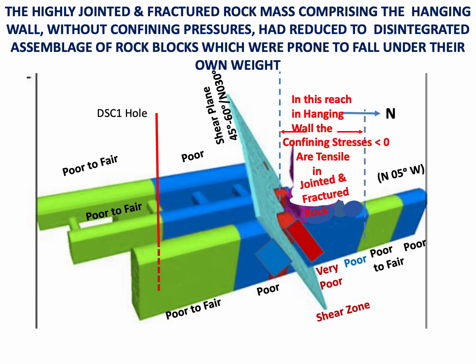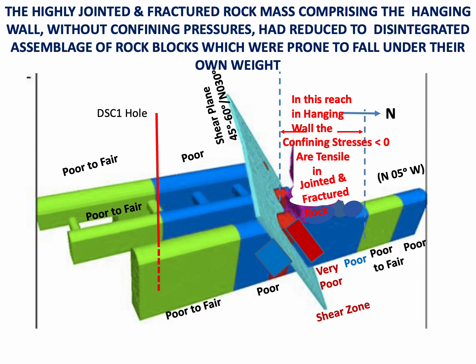This slide shows the three-dimensional view of the downstream surge gallery and the other two adjacent caverns, that of the transformer hall and powerhouse, showing that it was only the downstream surge gallery which was cut so precariously by the major shear zone, dipping subvertically at an angle of 45 to 60 degrees towards north 30 degree direction.